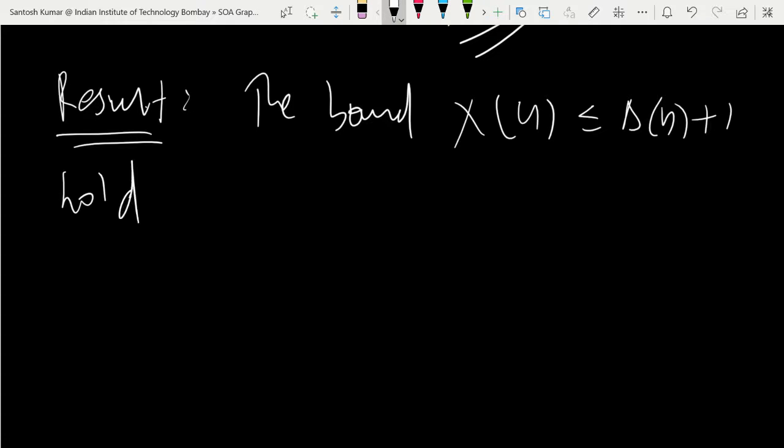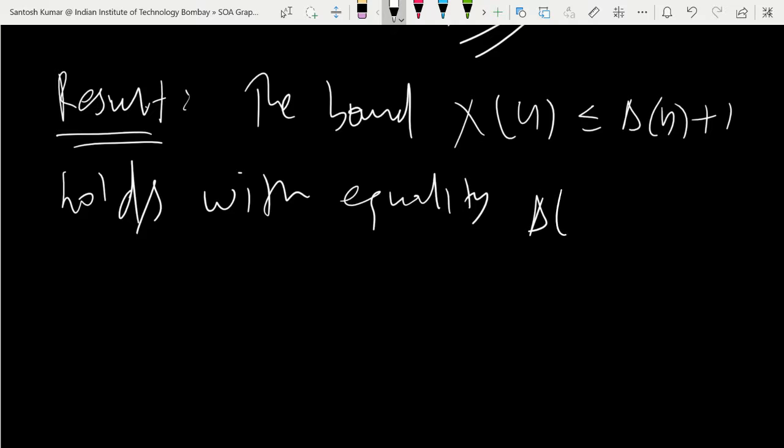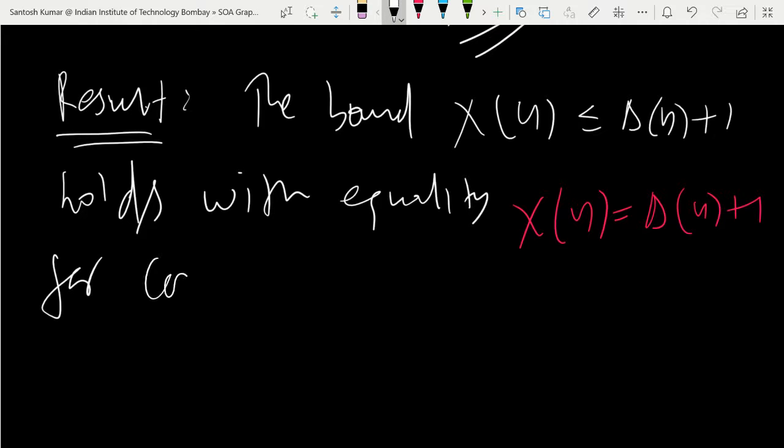holds with equality. Means chromatic number will be equal to delta G plus 1. This holds with equality, you can notice here, for every complete graph.